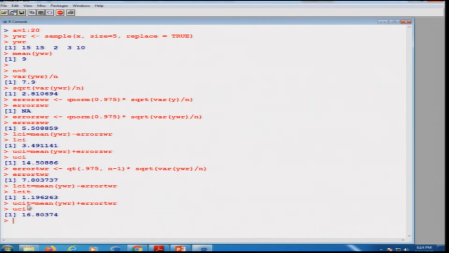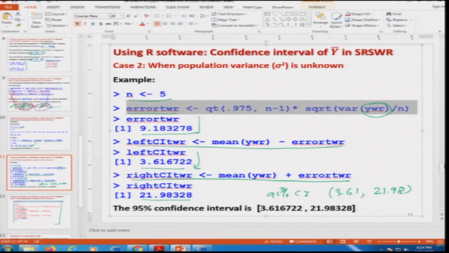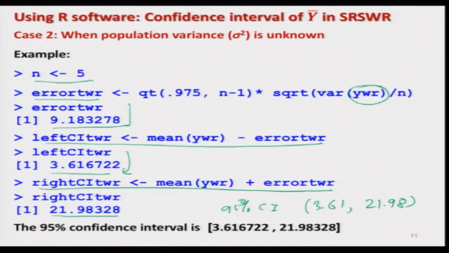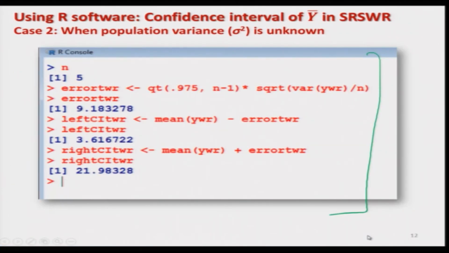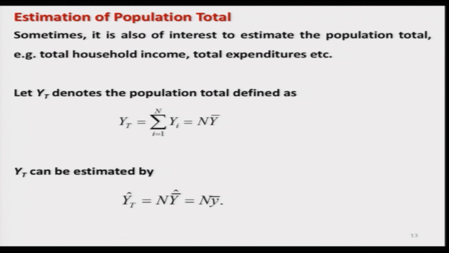So, the confidence interval constructed when sigma square is unknown will usually have a width higher than the width of the confidence interval when sigma square is known to us. Now, after this I come back to my slides and give you the last topic of simple random sampling, which is pretty straightforward.